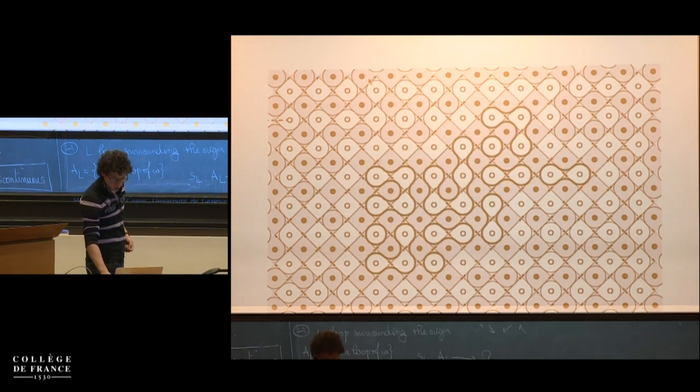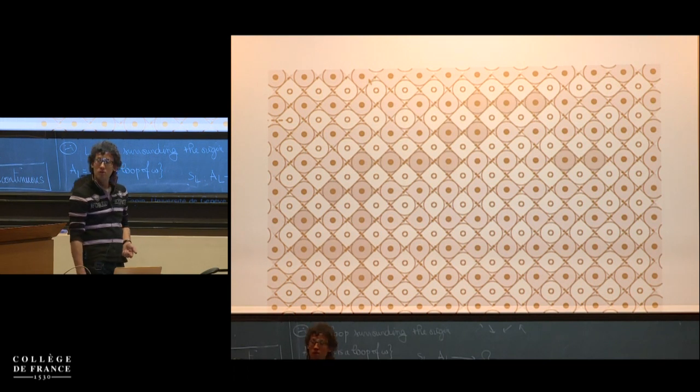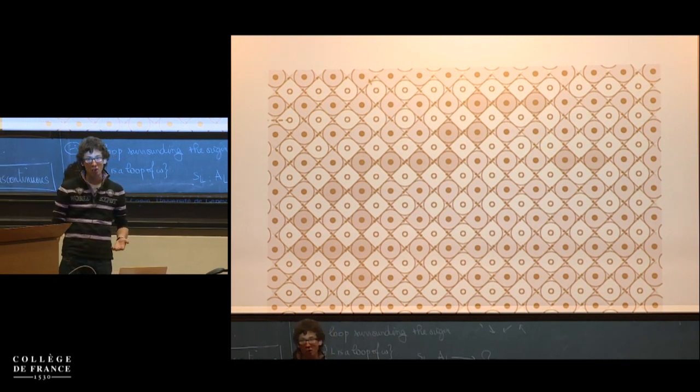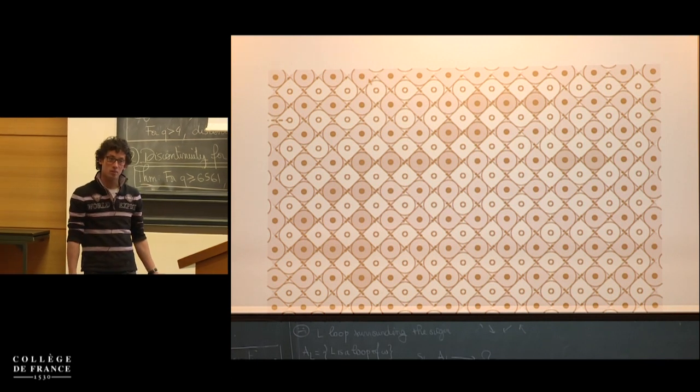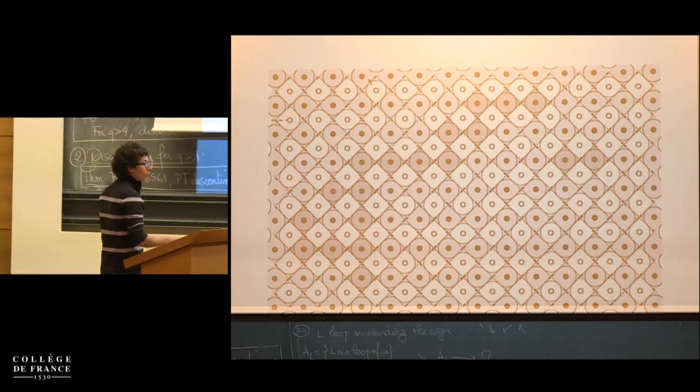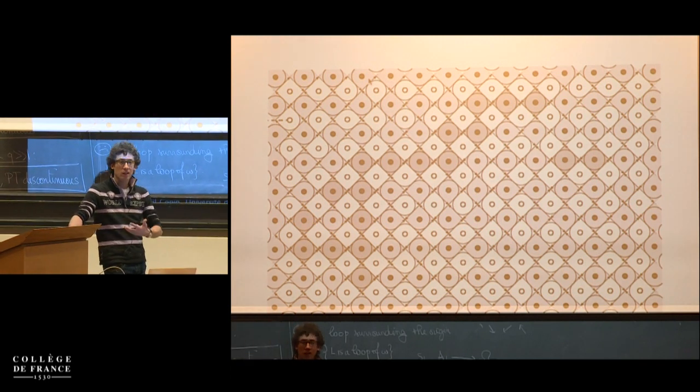You erase, you shift, and now all these faces, they are free of any loop. So what can I do? I can just put trivial loops in these faces. Okay? So you started from a loop configuration. You do your manipulation. You end up with another loop configuration. Notice that it's a one-to-one mapping. I know the loop L. I know where it was. So I can reconstruct trivially the thing.